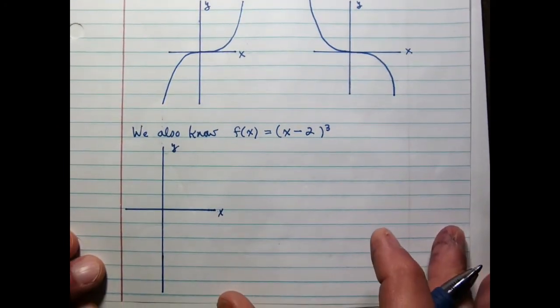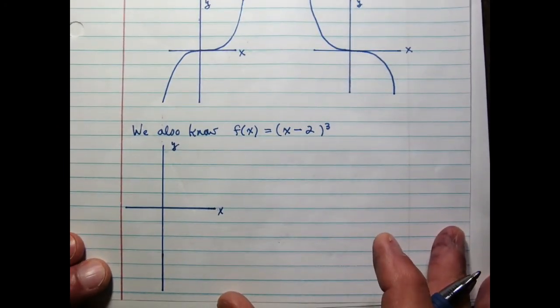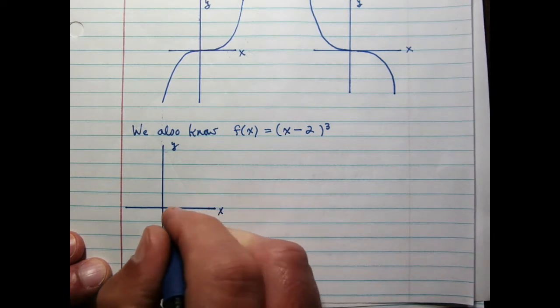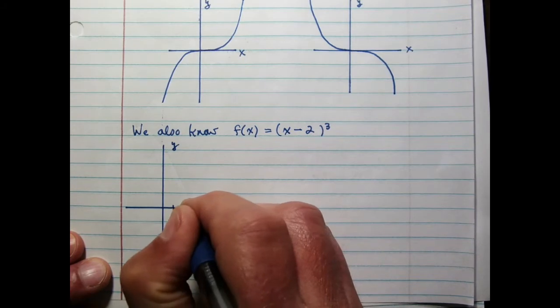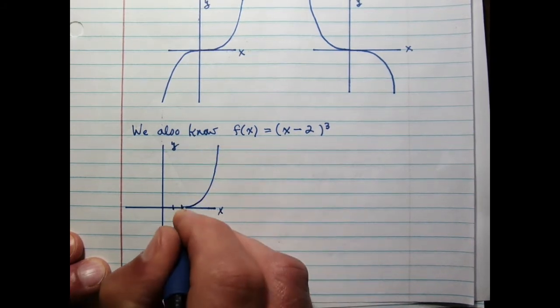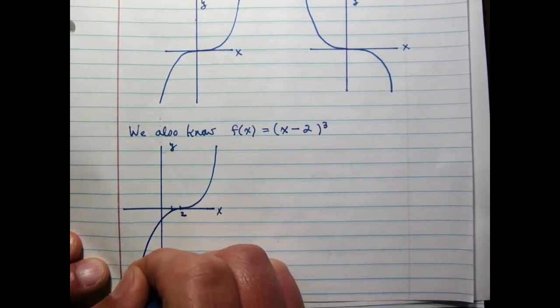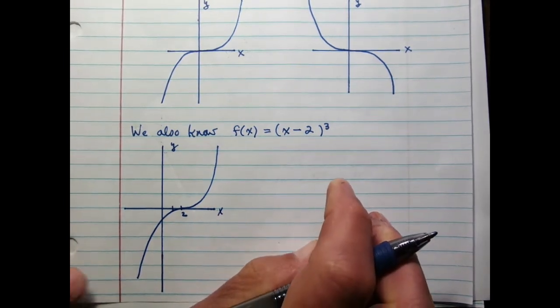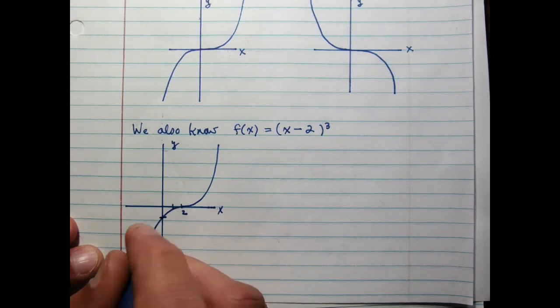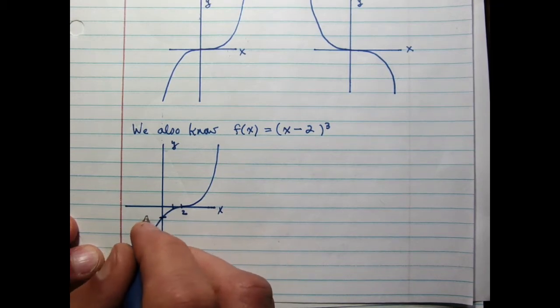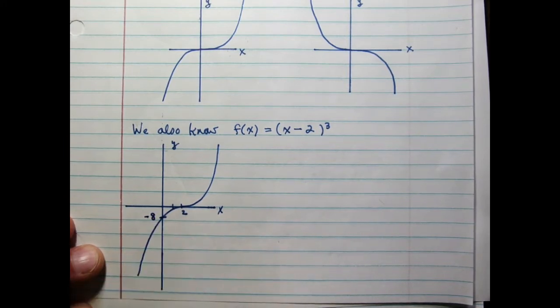And we also know that we can draw x minus 2 to the third, because what that would mean is I would just shift horizontally to the right by 2 units, so I get a graph looking something like that, and I think this y-intercept is actually going to occur at, if you plug in 0 for x, it's going to be at -8.